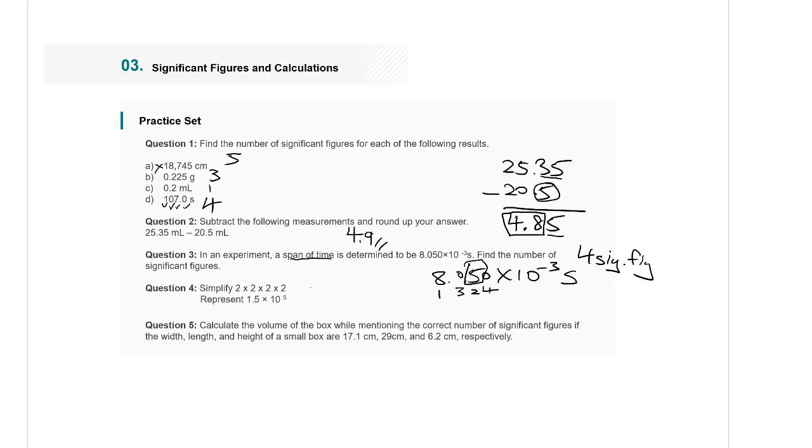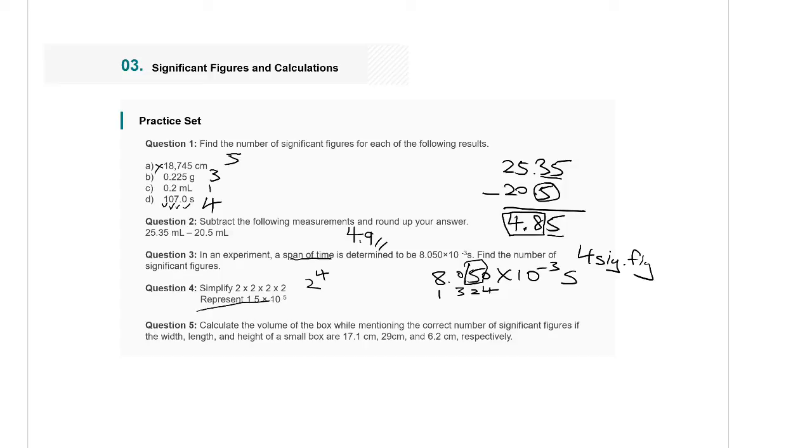Okay, question 4, we want to simplify 2 times 2 times 2 times 2. We just use exponential form, so we have 2 to the power 4. And then we have 1.5 times 10 to the power of 5.